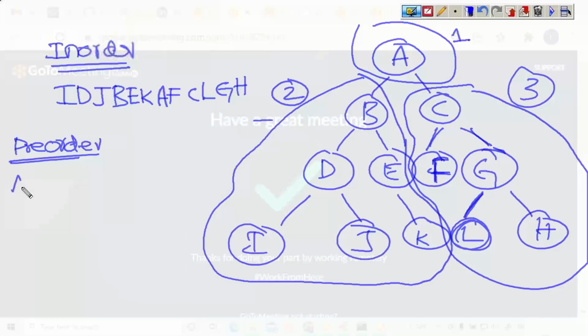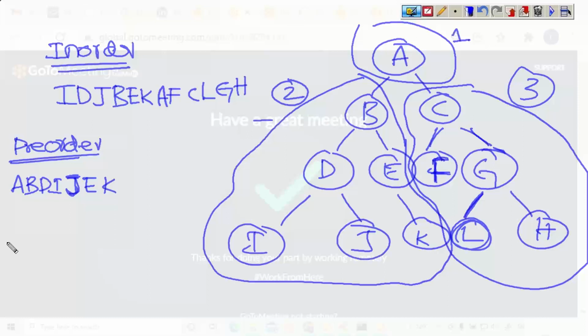First it is starting with A, then left side. So left side, first it is starting with B. Then D, I, J, pre-order. Yes, E, K. Left side completely got over.